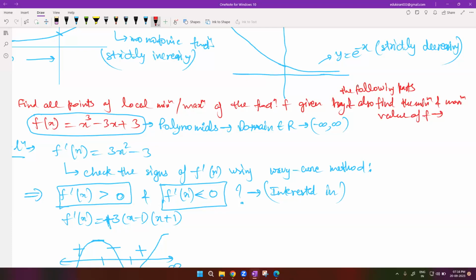We have to find the points of local minimum and maximum, which in this case are x equals -1 and x equals +1. x equals -1 is the point of local maximum, and x equals +1 is the point of local minimum, right? And the local minimum value of f is 1, and the local maximum value of f is 5.